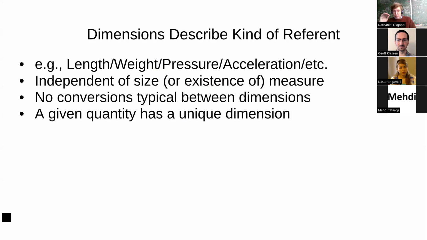It is absolutely meaningless to talk about, say, adding quantities of different dimension, right? Like adding a person to a length doesn't make sense. Doing something like adding a length to an area doesn't make sense.